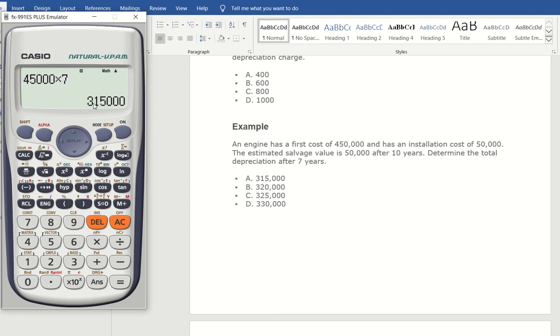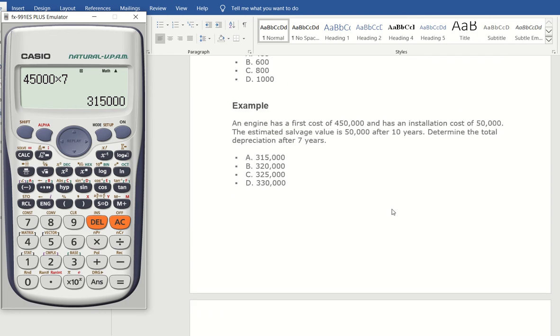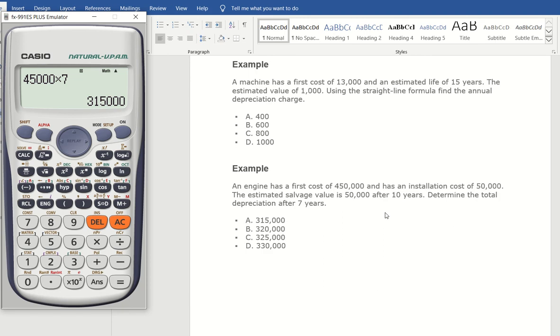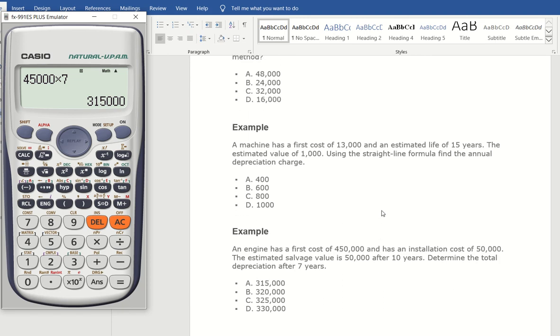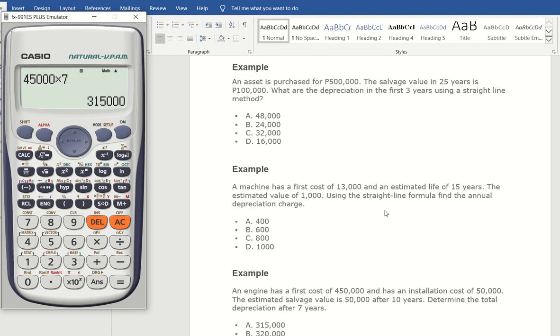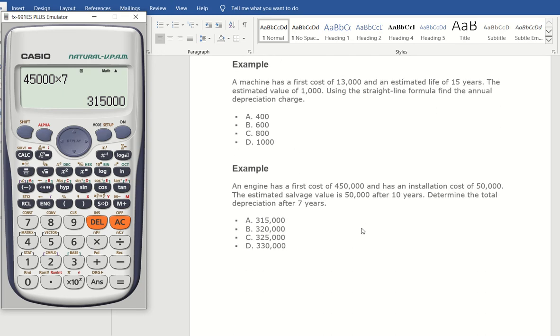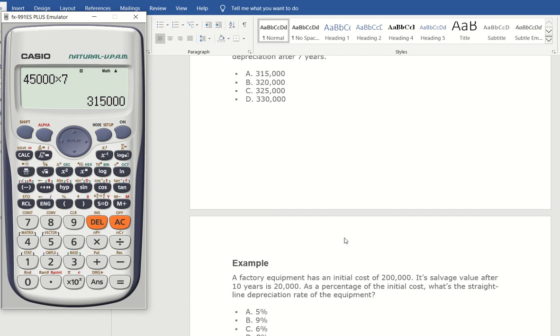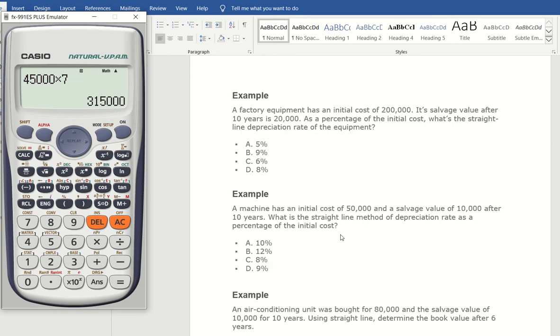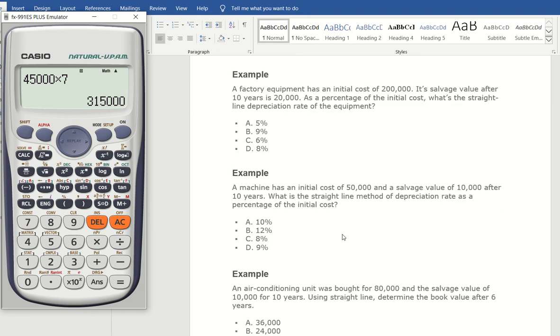So that's gonna be 315,000, which is A. So that's how you are going to get the total depreciation charge, as well as if it's gonna ask you for the depreciation charge for a specific year. So, okay, let's move on to our next topic. It's gonna be how to check the depreciation rate.